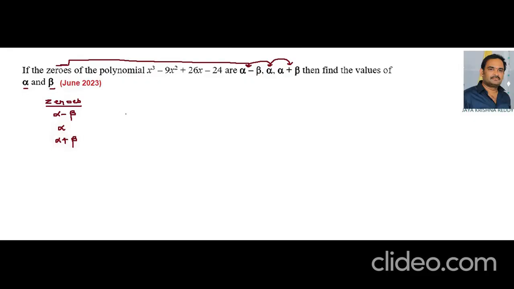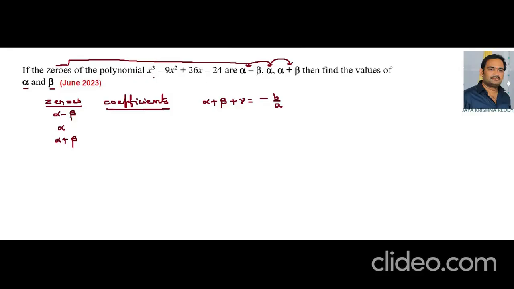Okay, the zeros of the cubic polynomial are given as alpha minus beta, alpha and alpha plus beta. So what are the formulas of the relationship between zeros and coefficients? The first formula is alpha plus beta plus gamma equals minus b by a. Okay. What are the coefficients here of the cubic polynomial?